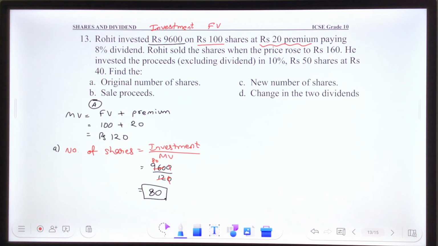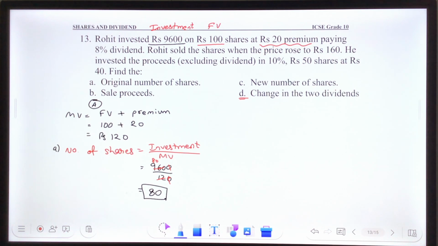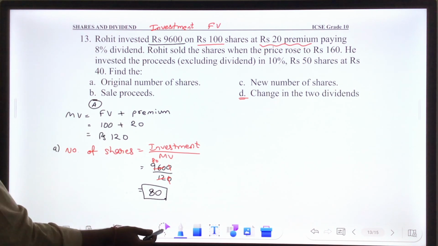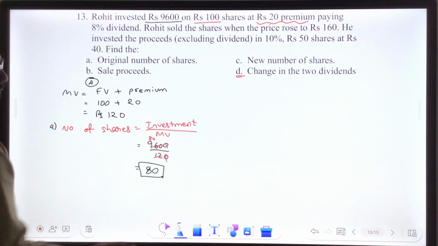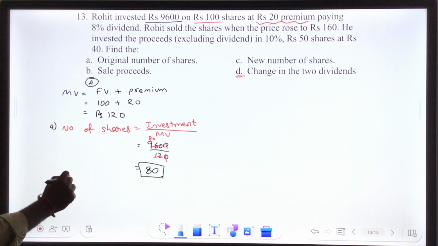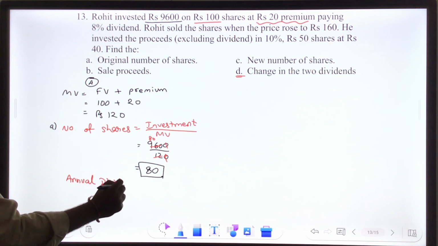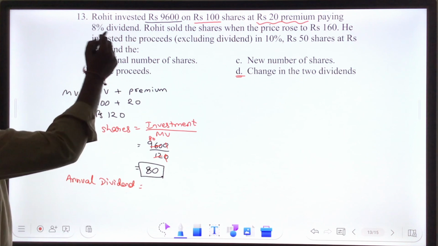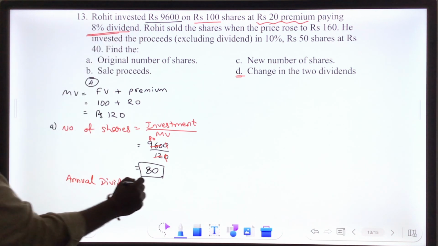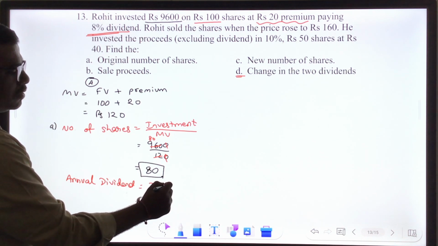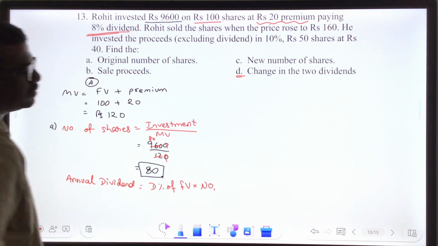Now we need to find the change in two dividends. So let us first calculate the annual dividend in company A. So in company A, annual dividend, which is paying 8% dividend, will be rate of dividend on face value times number of shares.